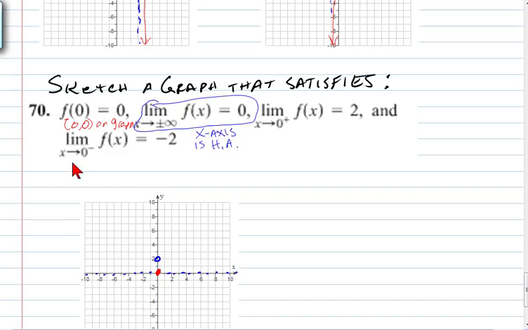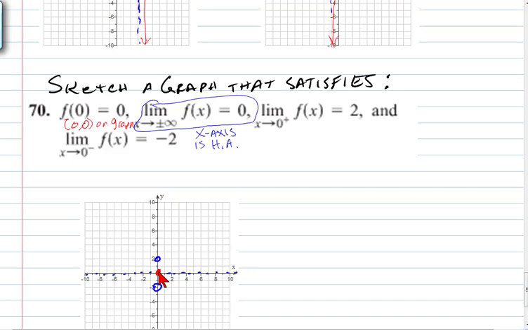And the limit as x approaches 0 from the left is -2. So I got an open circle there. How do I know that? Because this is a function. Because they're using function notation. Functions have to pass a vertical line test, don't they? And I've already got 1 point here when x is equal to 0. I can't have more. So I know these are going to be open circles because I already have a closed circle here at the origin.